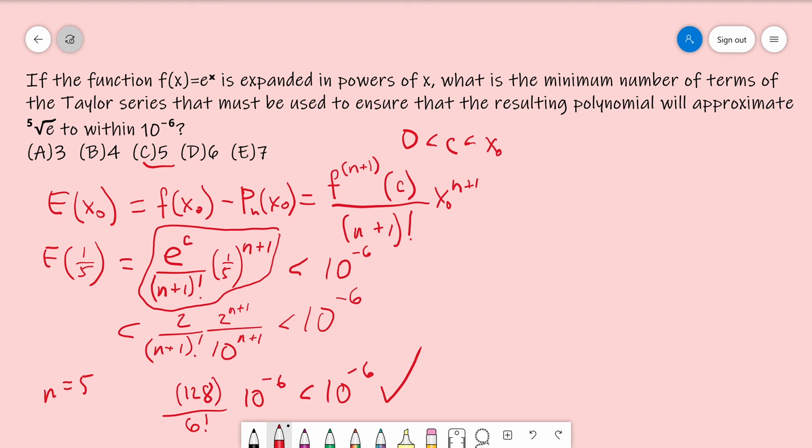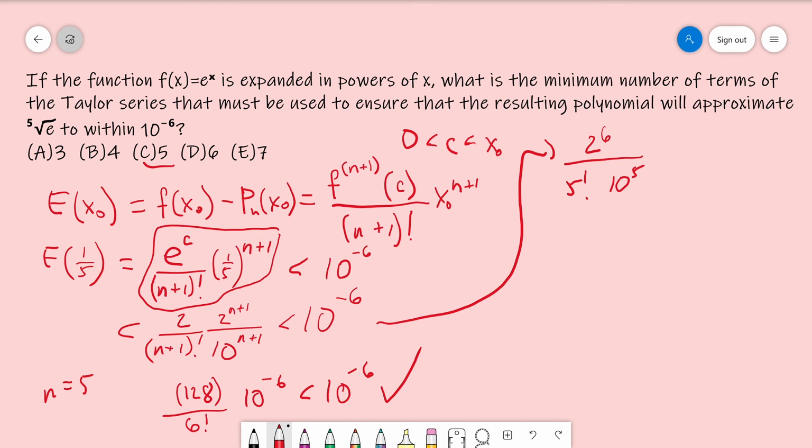So let's check 4. If we plug in 4 to this inequality, we'll get 2 to the n plus 1, so that's going to be 4 plus 2, which is 6. So 2 to the 6th all over 5 factorial, and then 10 to the 5th power.